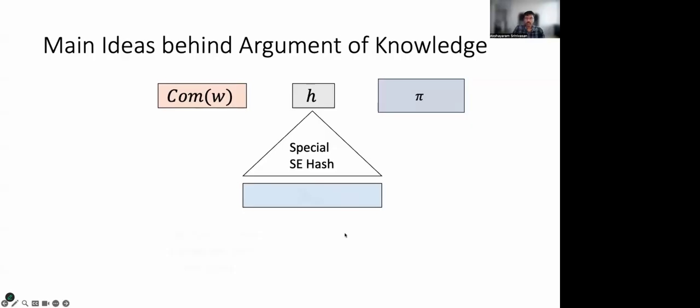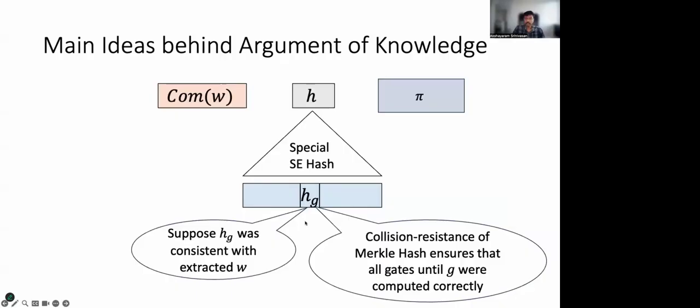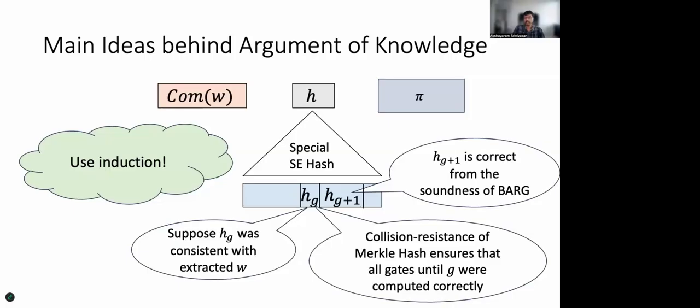So suppose we ensure that the digest at the end of the jth gate computation was consistent with the extracted witness. Then the collision resistance of Merkle hash ensures that all the gates until the gate g were computed correctly. And now we can rely on the soundness of the batch argument to show that Hg plus 1 was consistent with the extracted witness. So this is a very high level overview, and now we can use induction.